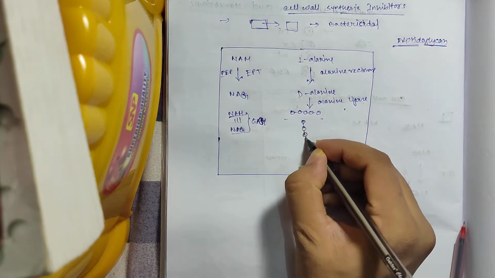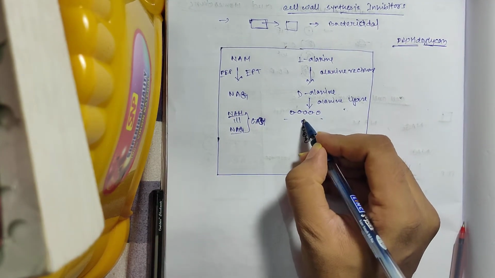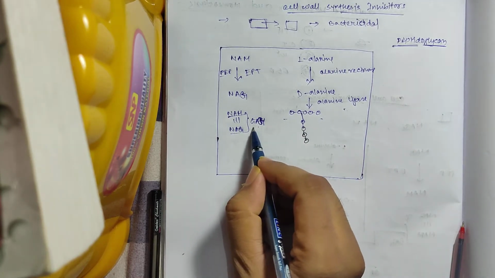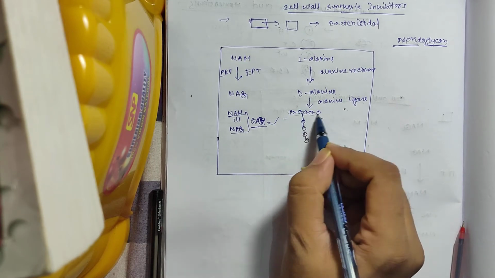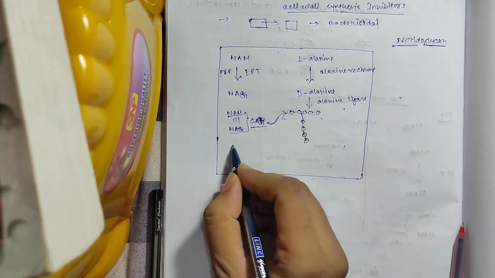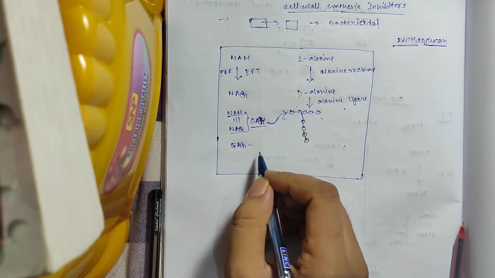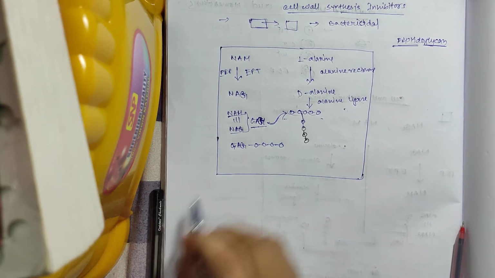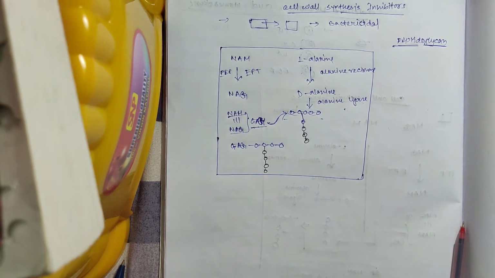This is the glycine chain, and between the glycine chain and the alanine chain there is bond formation, right? And after that, between this glycosaminoglycan and this alanine chain, there is another bond formation, and finally one cell wall unit is formed like this, right?